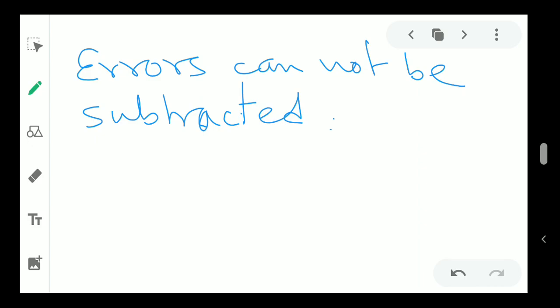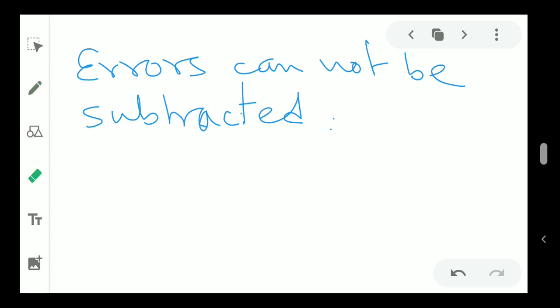Errors cannot be subtracted, so they always add up. Why? Because we don't want to take a chance. You could say, sir, sometimes I have made some error, and then I have taken a smaller data, so ultimately both cancel out. So I will say no. In physics we don't take a chance, so we add up everything. We want everything to be accurate, so in that case we add all the errors.